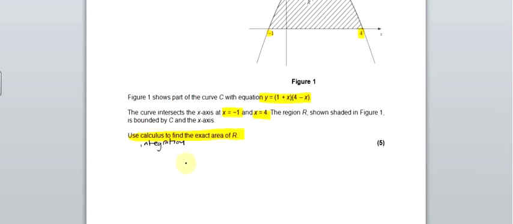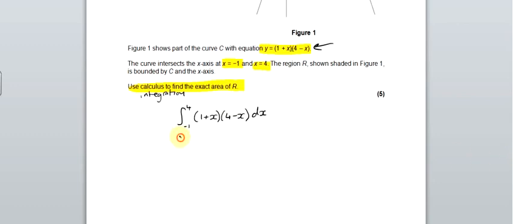So the area under the curve is going to be given by the integral from minus 1 to 4 of 1 plus x brackets 4 minus x with respect to x, and that came from the curve here. And then we just can head off now quite happily. Minus 1, 4, and I'm going to multiply it out.